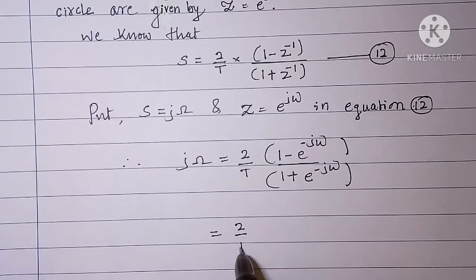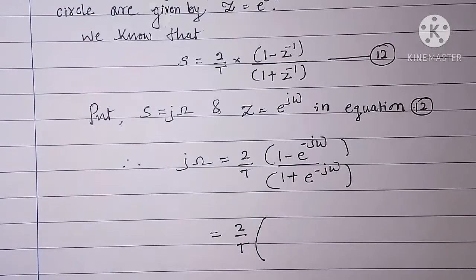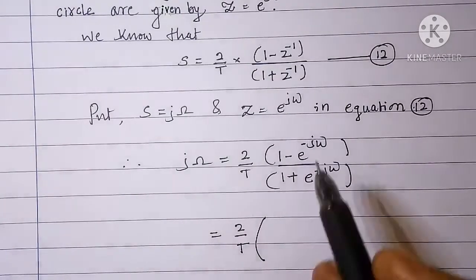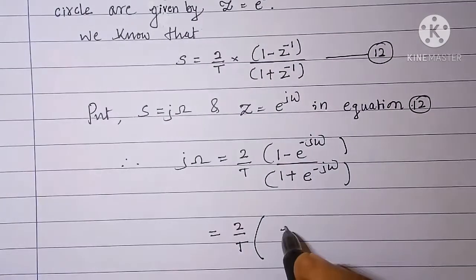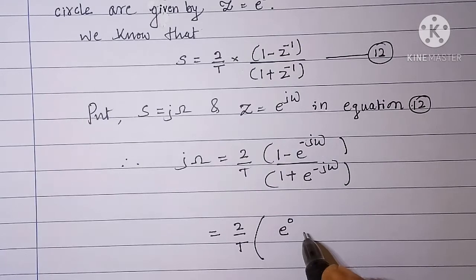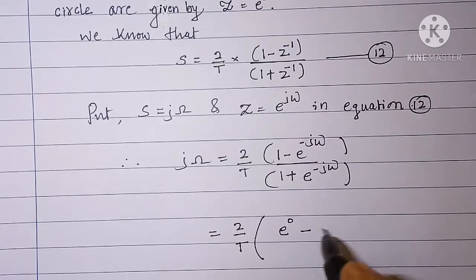That is equal to 2 by T into the bracket. I will write 1 as e raised to 0. We know that a raised to 0 is equal to 1, like that e raised to 0 is also equal to 1.